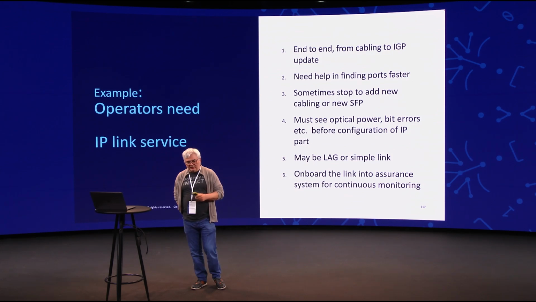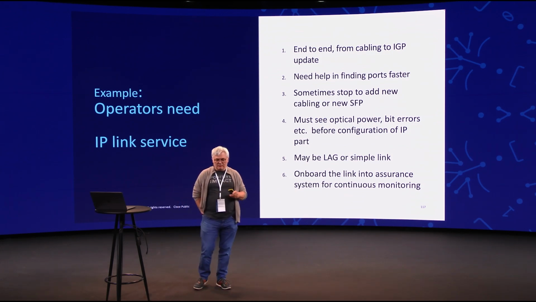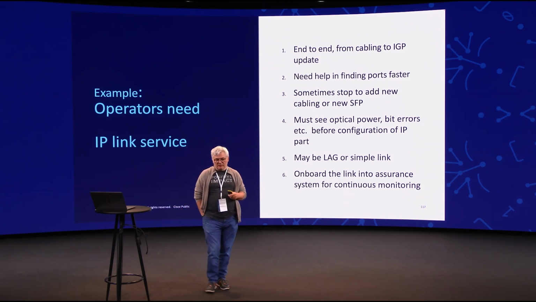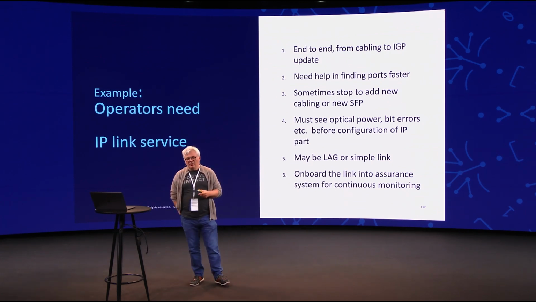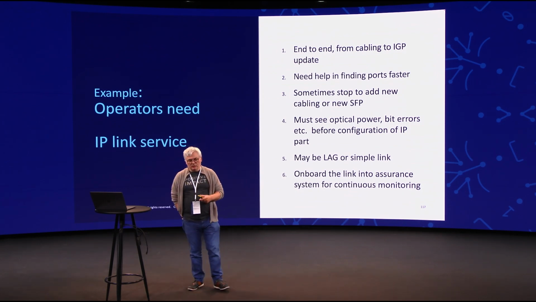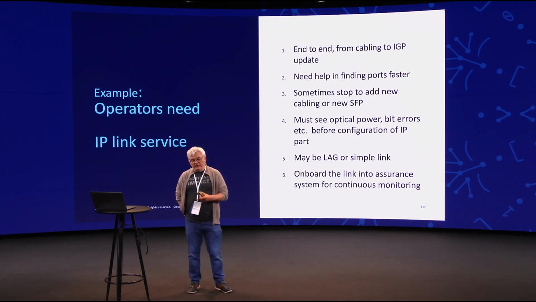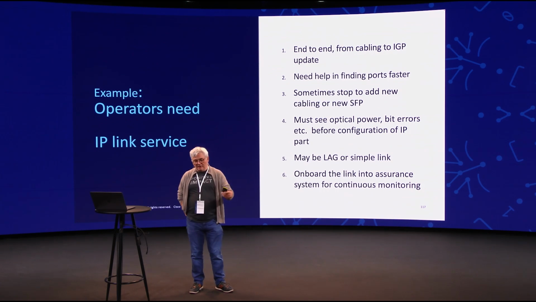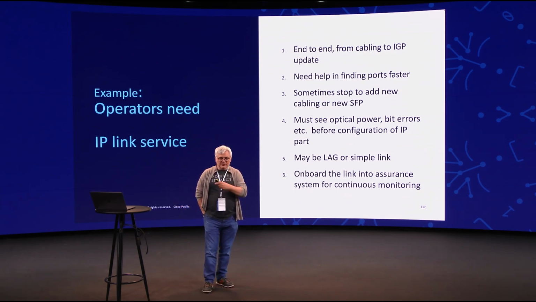So if I take an example, and I'll be talking about this example later or referring to it. Say I have a service, and I ask the operator, what do you mean by this IP link service that you want me to automate? So the first thing might be it should be end-to-end. It should be from the cabling all the way up to being able to put this into the IGP.